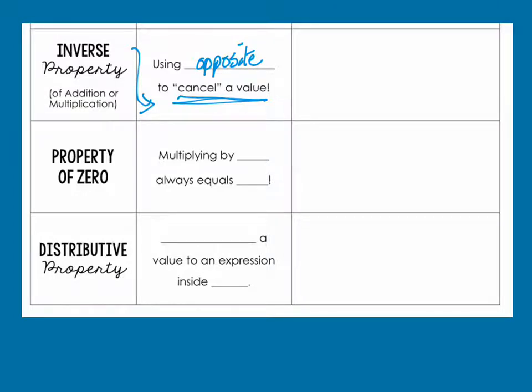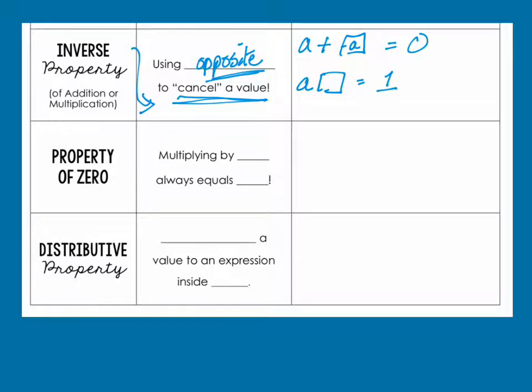So let's think about it. A plus what gives us 0, which would make it go away? And the answer would be negative A. So that's why you add the opposite. Now what do I multiply by A to get 1? We're never going to get 0.